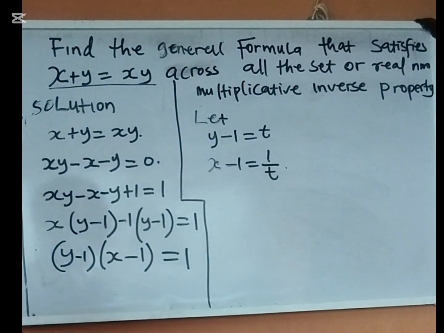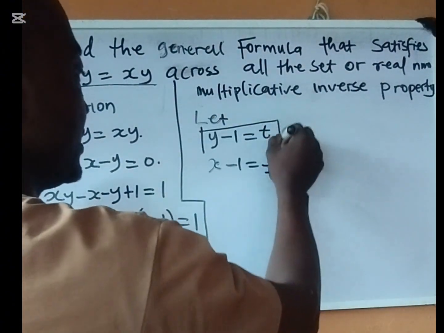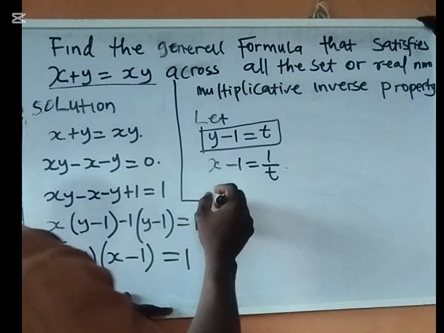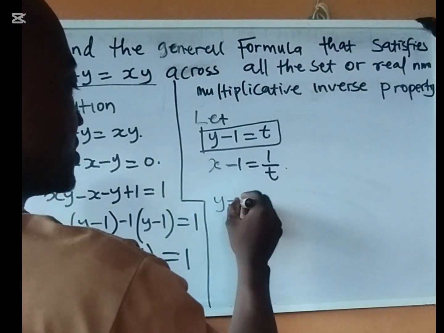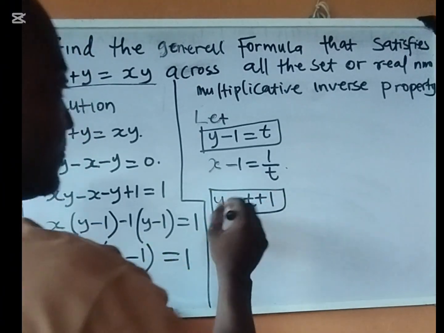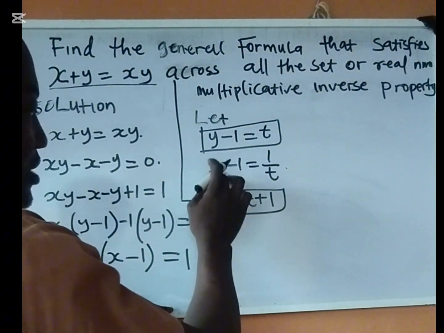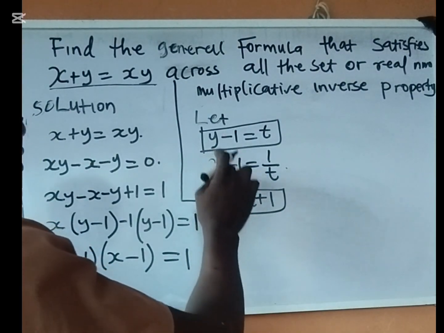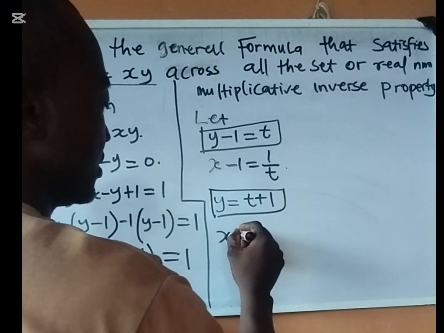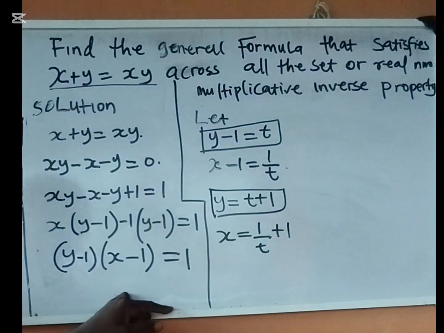From there, we're going close to the general formula. I'll try to make y stand alone. It will become y is equal to t plus 1. I simply moved minus 1 to the other side of the equation. I'll do the same thing to this equation and make x stand alone. It becomes x is equal to 1 over t plus 1.